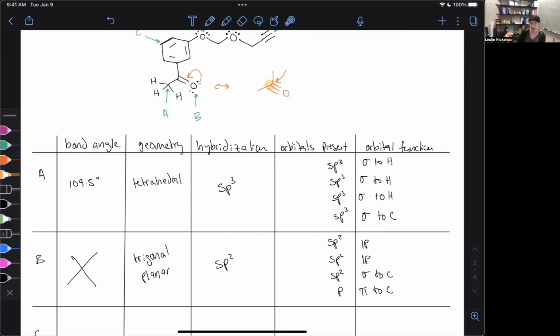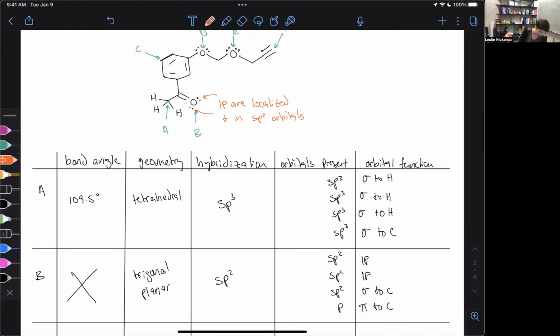So we've broken the octet rule there. So that is not a valid resonance structure, meaning that these two lone pairs are localized. Okay, so we're just going to make a note. Those are going to be on our sp2 orbitals.